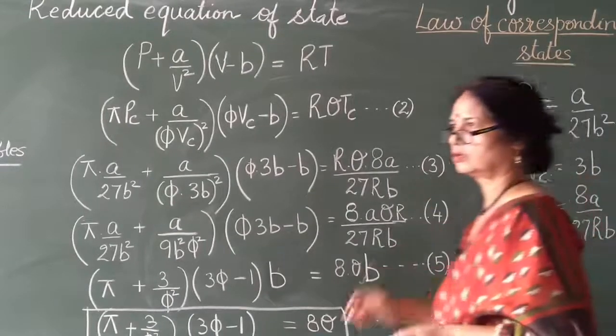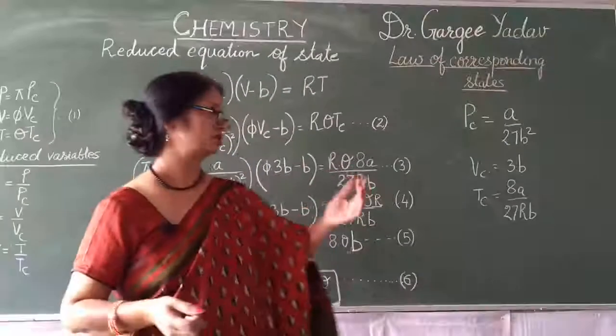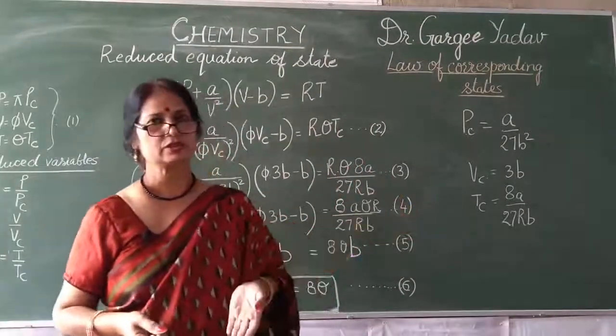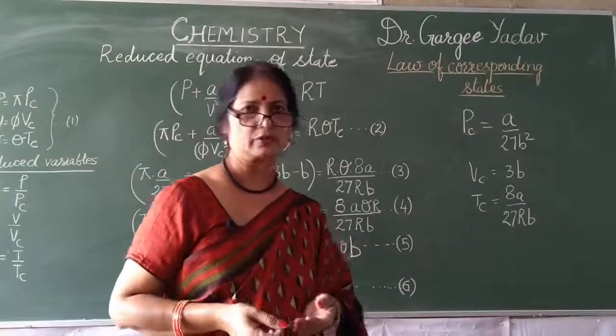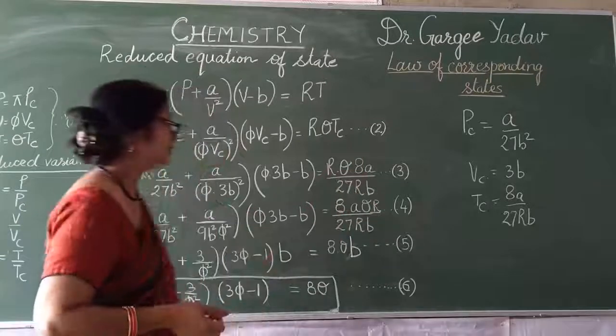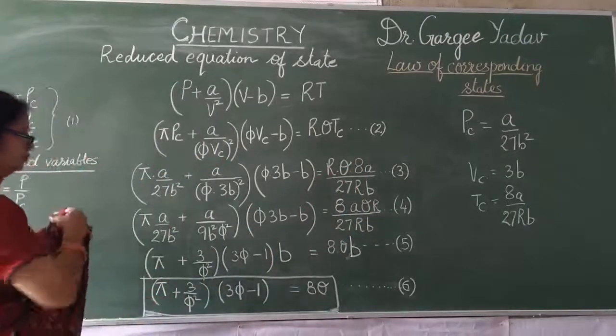By now you are quite familiar with these constants. So the critical constants in terms of van der Waals constants, these are the values: Pc is equal to a upon 27b square, Vc is equal to 3b and Tc is equal to 8a upon 27R. Now we will substitute these values in equation number 2.